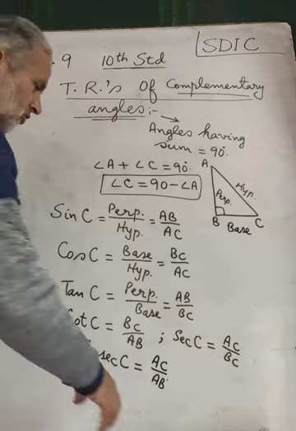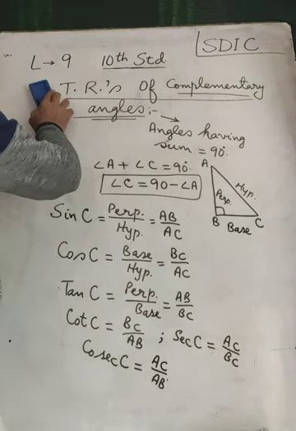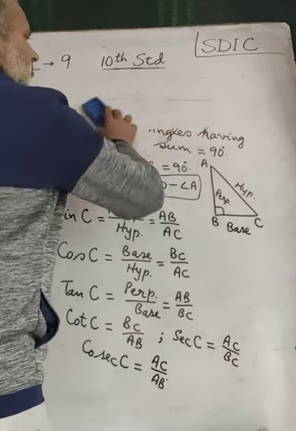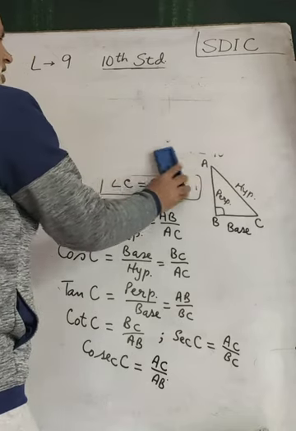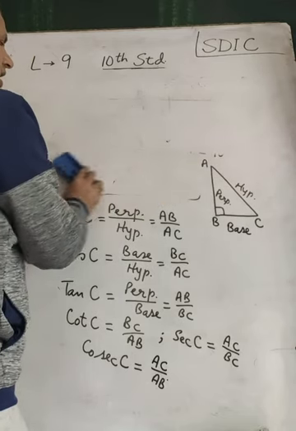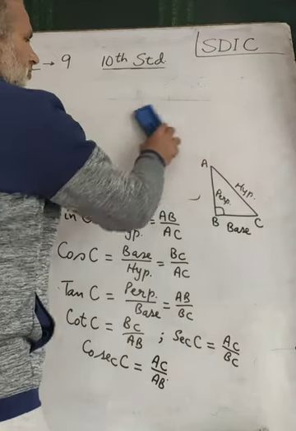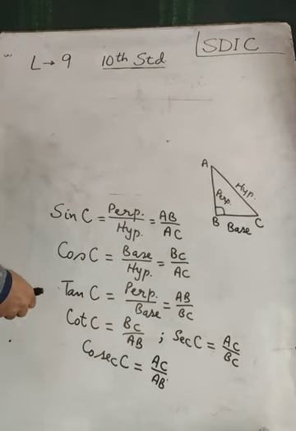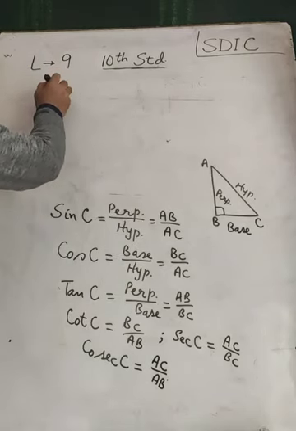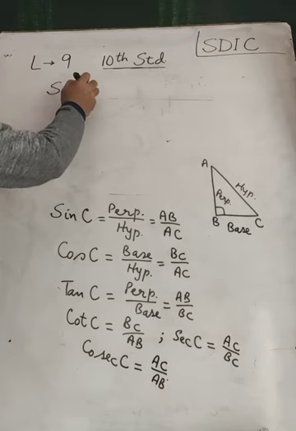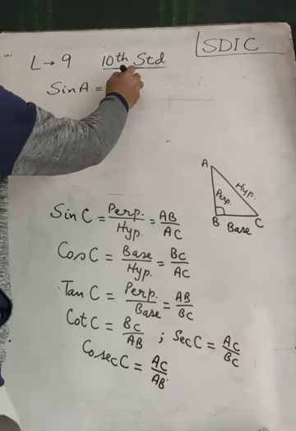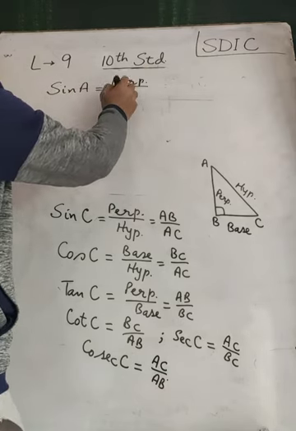We will also find trigonometric ratios of angle A. Angle A is the complementary angle of angle C. So find trigonometric ratios of angle A. Let us begin with sine A. Definition is same, perpendicular by hypotenuse.